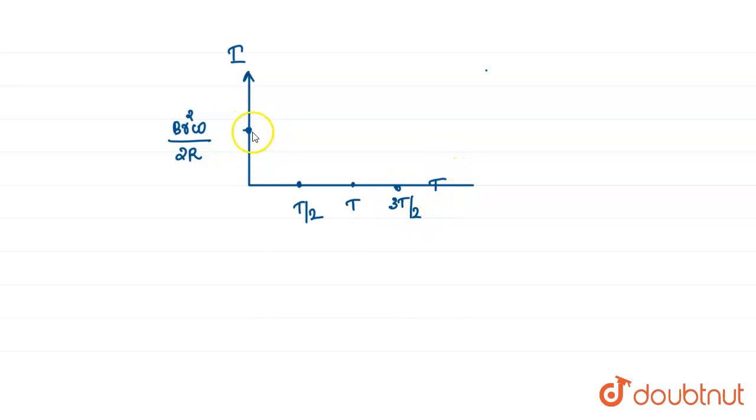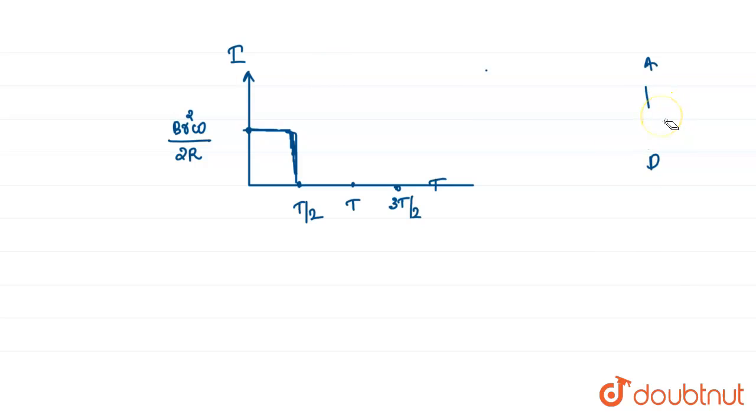Up to T by 2, the current is anti-clockwise. Then what happens? First let this be AD, the semicircular loop. When it starts its rotation, I will draw that also.